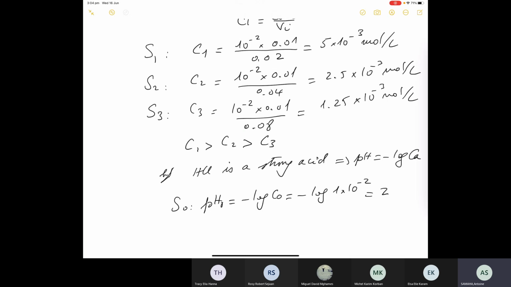For S1, pH1 is equal to negative log of C1, negative log of 5 times 10 negative 3. We did it before.